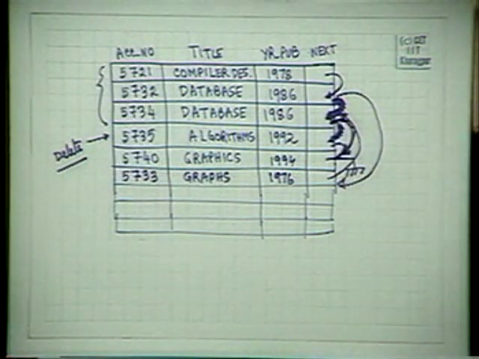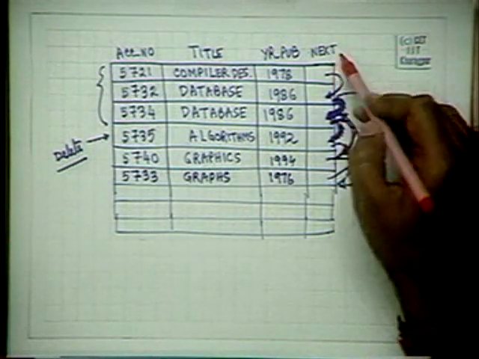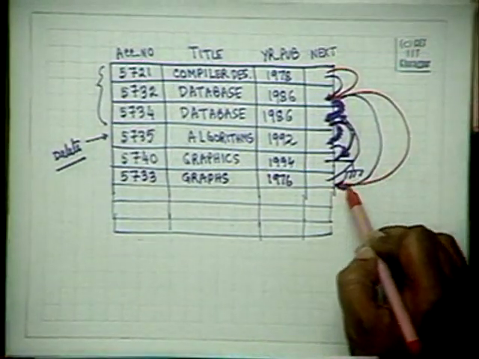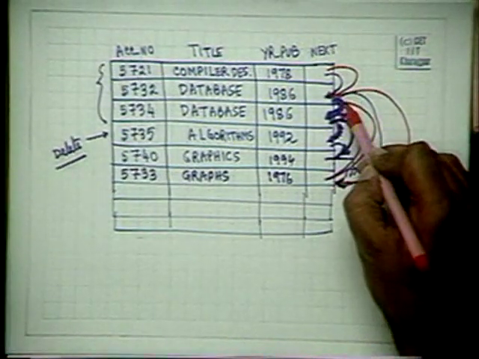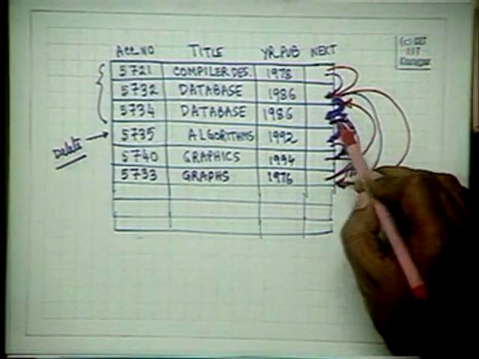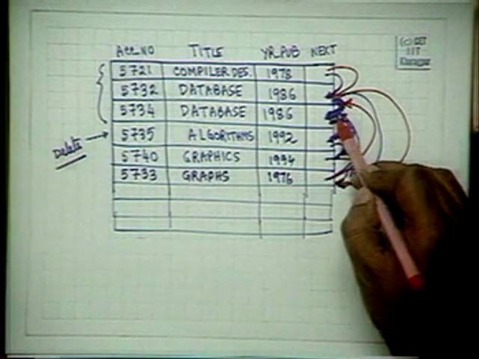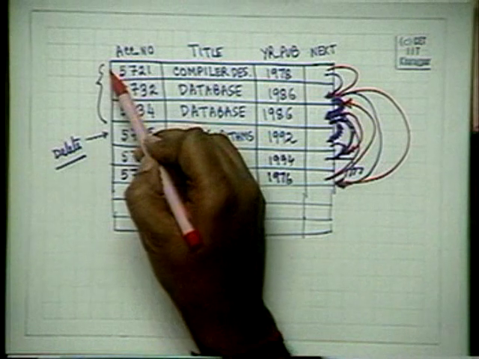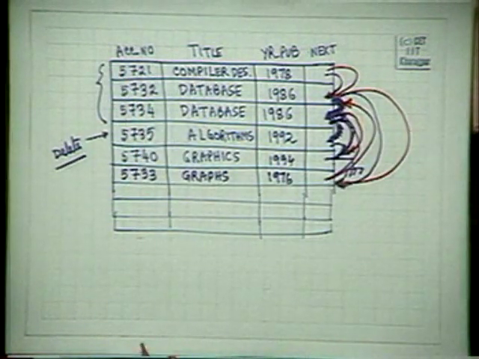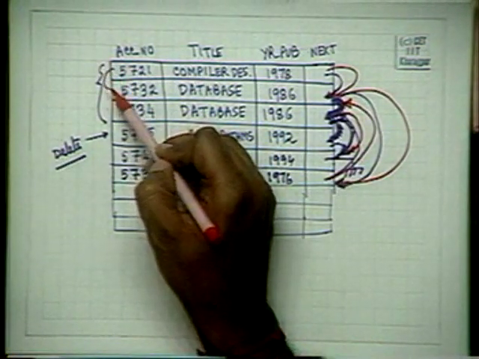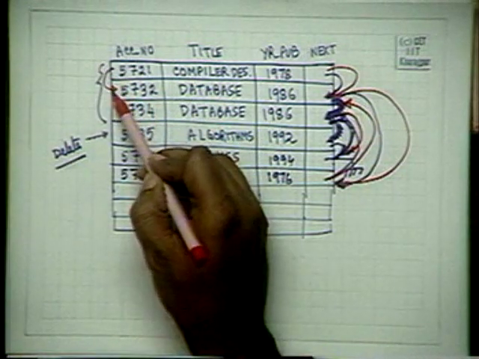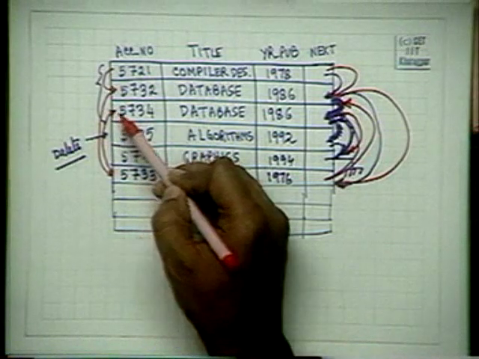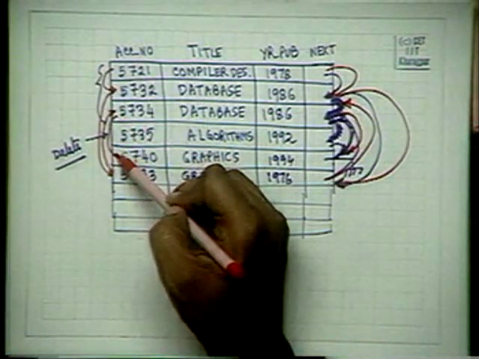So I will redraw the pointers now, as it will now look. This pointer will be like this, this pointer will point to this place, and this one will point here. So the next pointers will be like this will point here, this will point here, and this will point here.